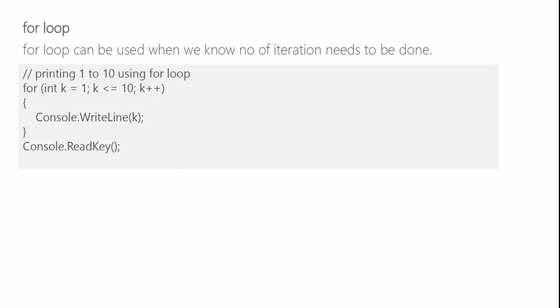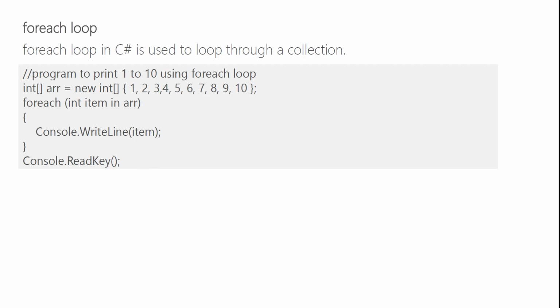For example, working with a reader object from database. For loop can be used when we know the number of iterations to be done. For each loop in C Sharp is used to loop through a collection.